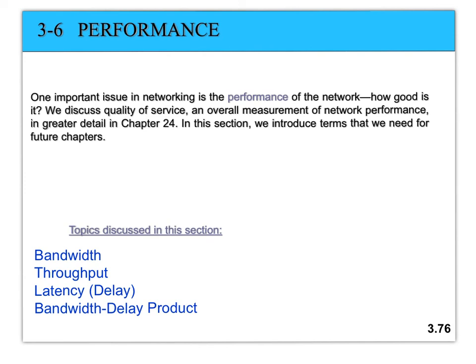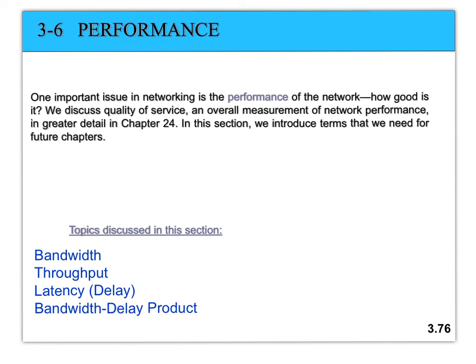So we need to measure the performance of transmission over a particular channel. So first, we need to know the actual bandwidth or the theoretical bandwidth. We need to estimate the actual throughput. So the bandwidth gives you the best case scenario, and the throughput gives you the actual data rate that you typically get over this channel.